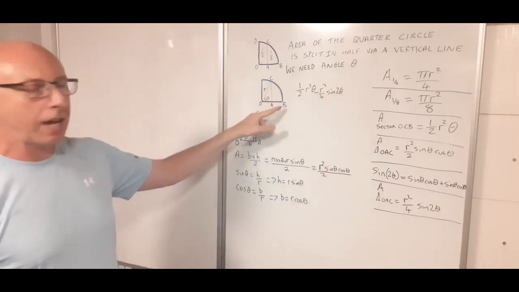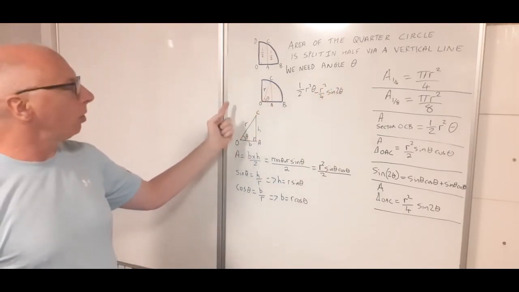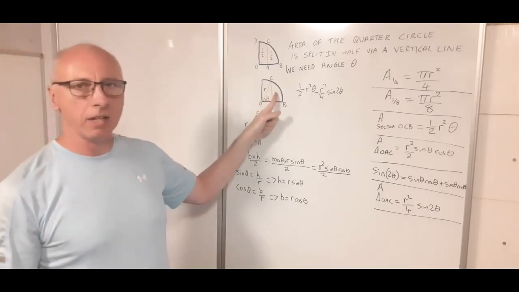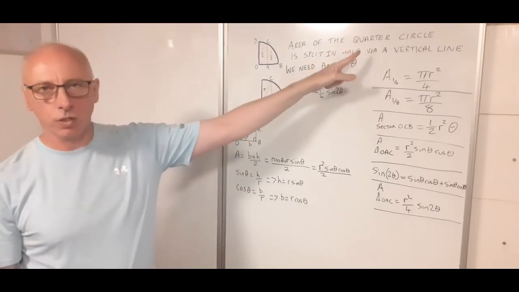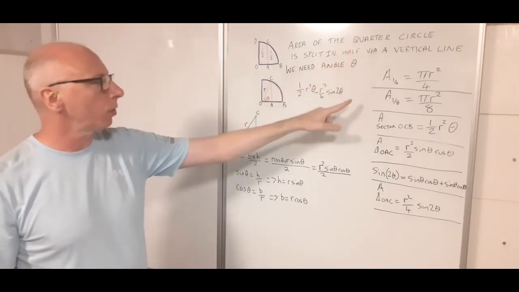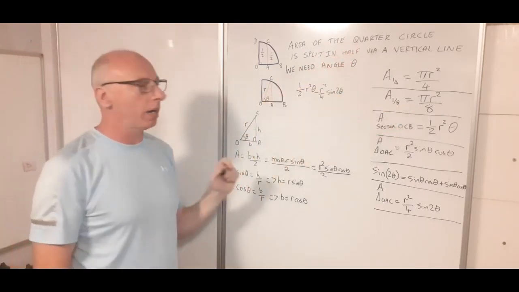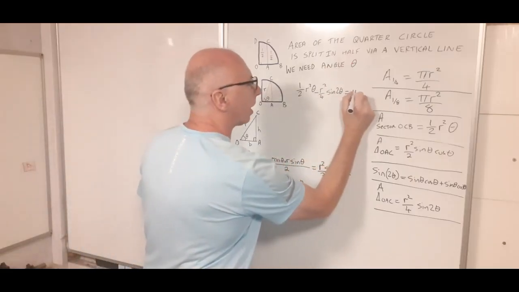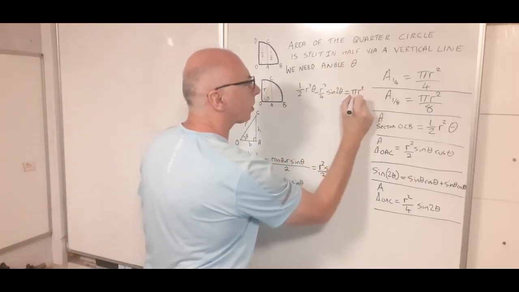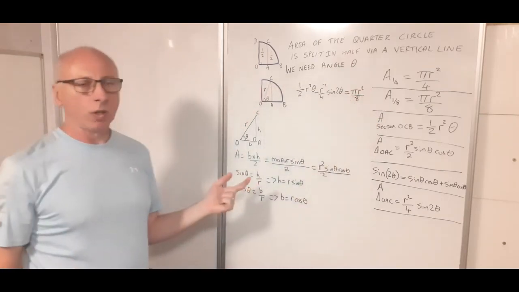So that one minus that one, and what does that equal? Well, it equals 1/8 of the circle, which is half of the quarter circle. So that should equal pi r squared over 8. Now pi is just a quantity.